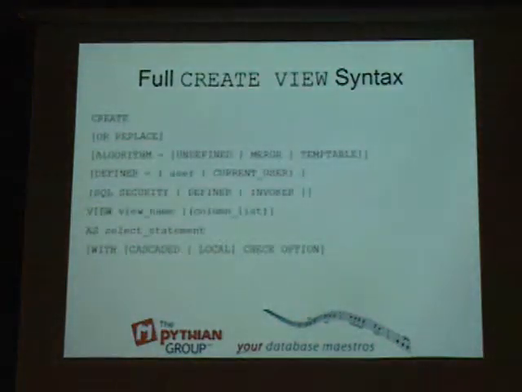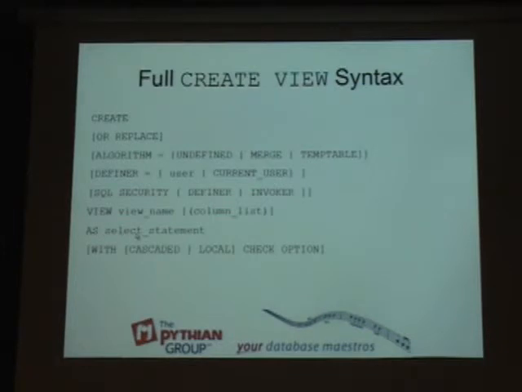All right, so here, now we finally get the full create view. Here's all the options that we know about. Create or replace, the algorithm undefined, merge, temp table, definer is user or current user, the user that you define, user or host. SQL security definer or invoker, view name, here's the column list you can put in if you want. You can actually say the list of columns, just like insert into, you can give a list of columns, same thing here.